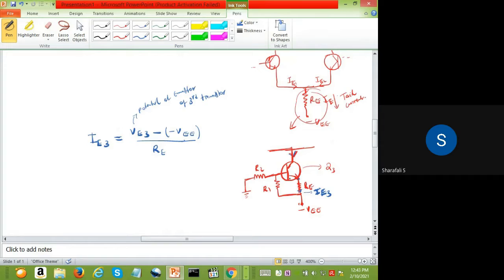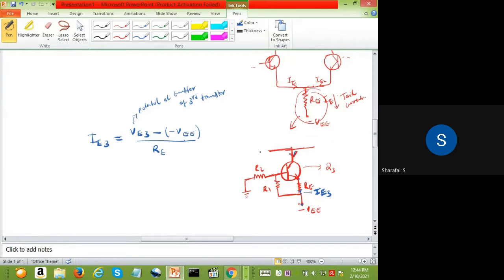Okay. And here we have the potential minus VEE, this point also minus VEE. If you take these two potentials, VE3 and minus VEE, the difference between these two is the potential difference, divided by this resistor, and that will be the current flowing through it.